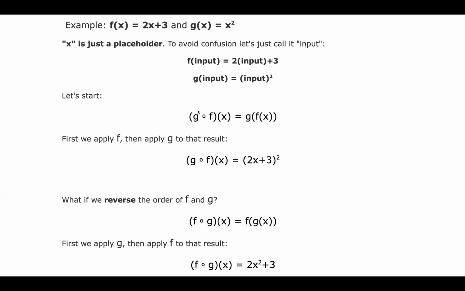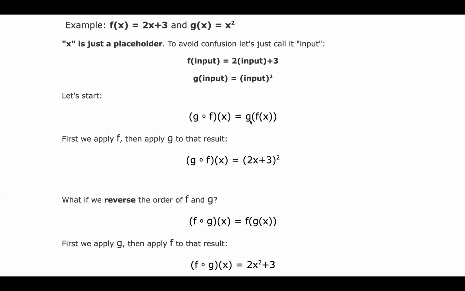Did you get this far? We have seen this already. G composite f is g of f of x. First we apply f, then apply g to that result. G of x is equal to, here it is given as, 2x plus 3 square.